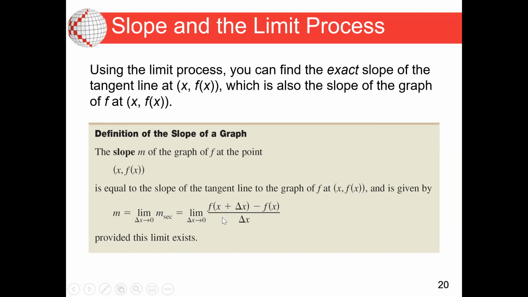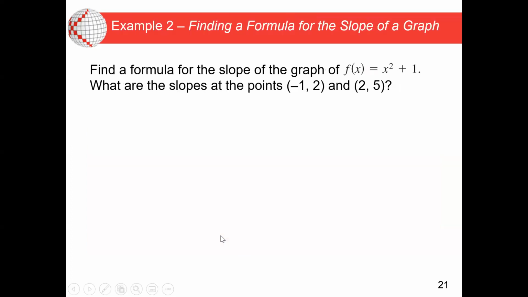The only thing is that it's a long process because we have to simplify. And this will lead us to finding the formulas for derivatives like the sum rule, power rule, quotient rule, product rule. So let's see the example here. Here they say find a formula for the slope of the graph of f at x equal to x squared plus 1.